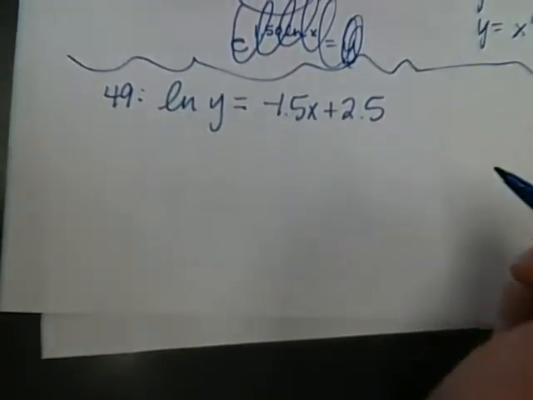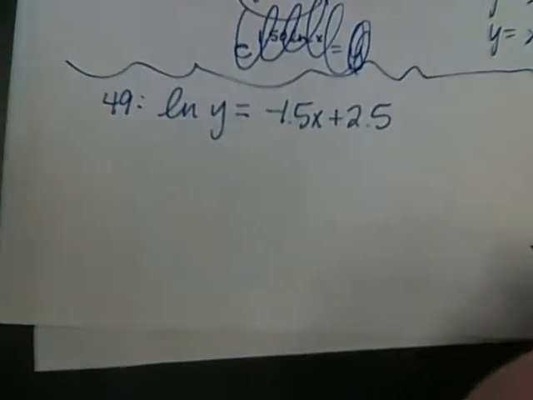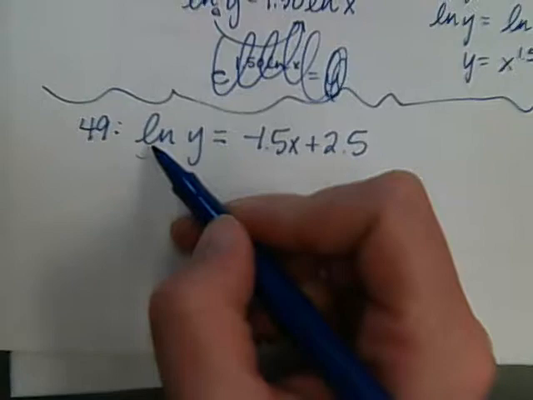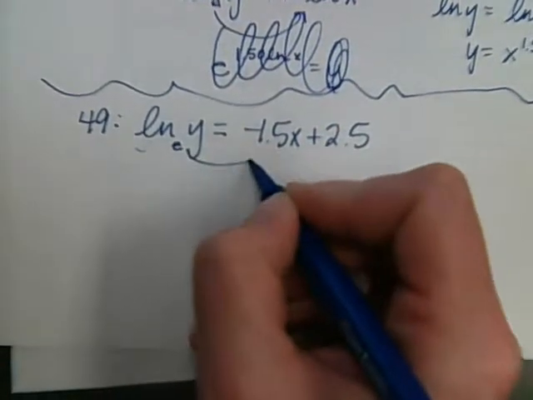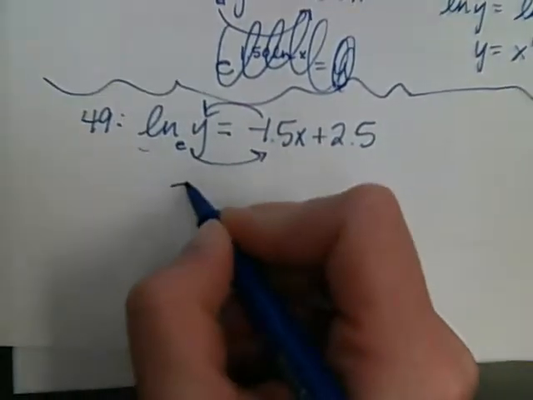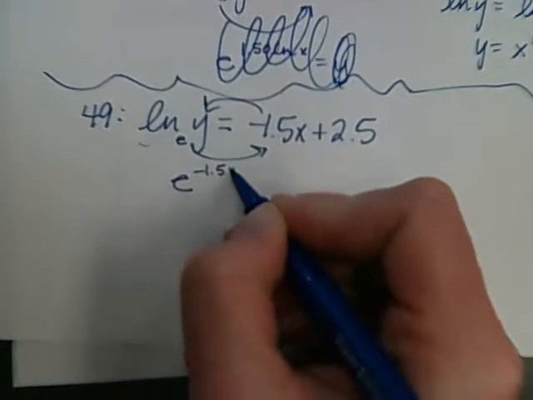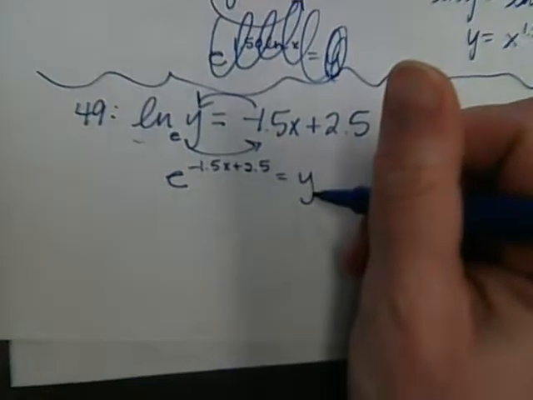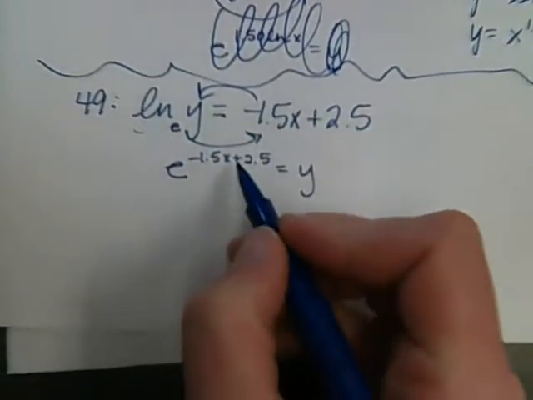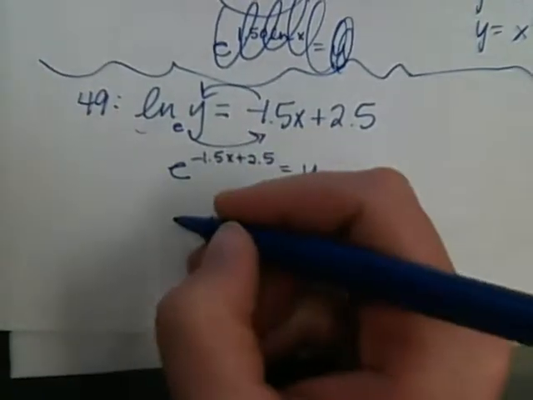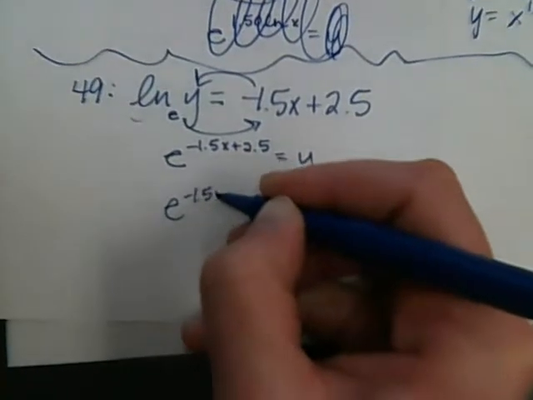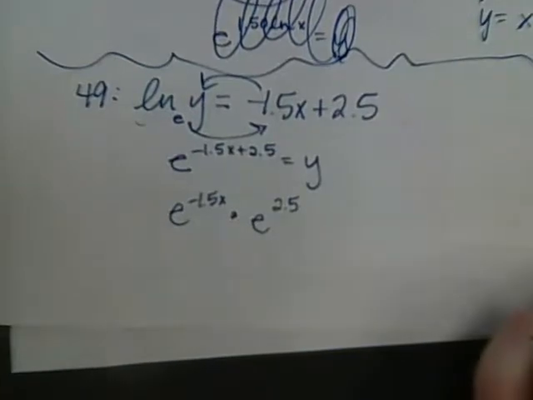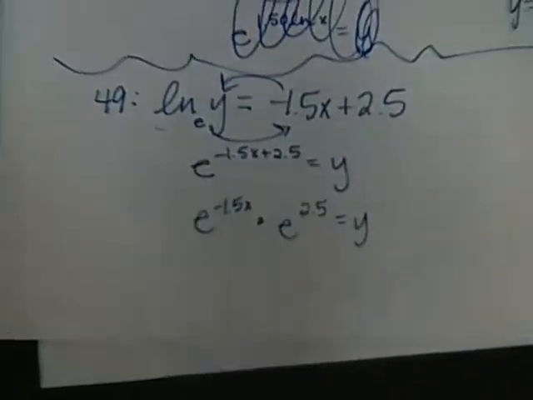So when they say write y as a function of x, that means I need to get y by itself. So in this case, I need to get rid of the logarithm. So let's write it as a power. E to the negative 1.5x plus 2.5 equals y. Yes, I have y by itself, but this is a little bit ugly. Remember, addition means multiplication. And then I can clean that up on my calculator.